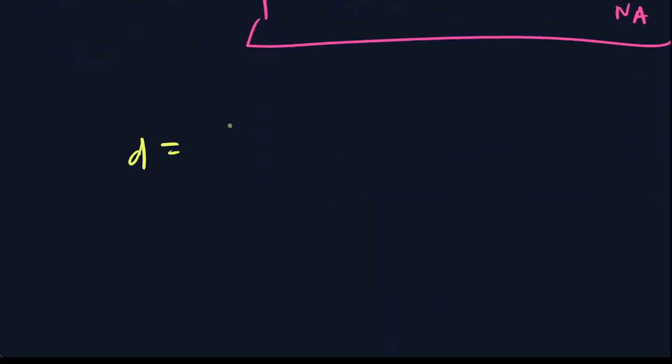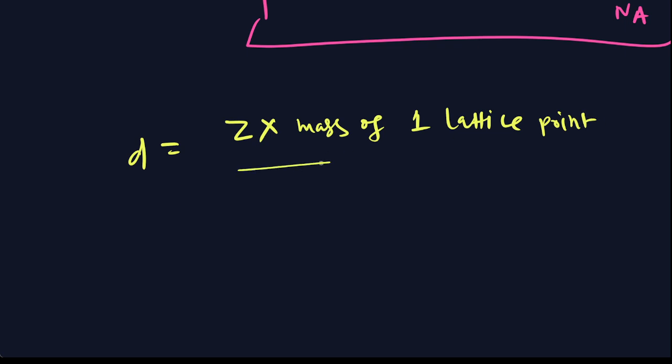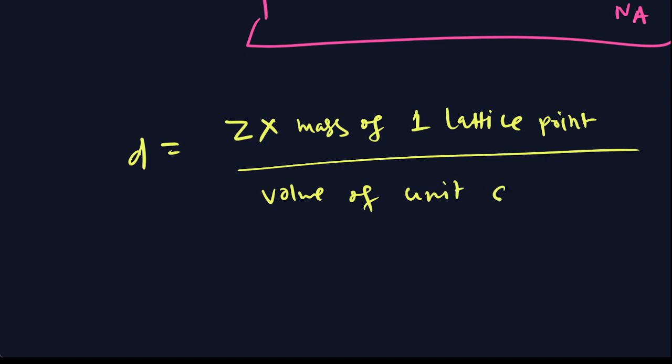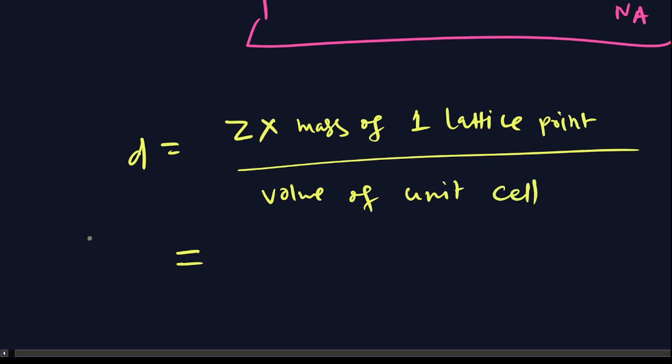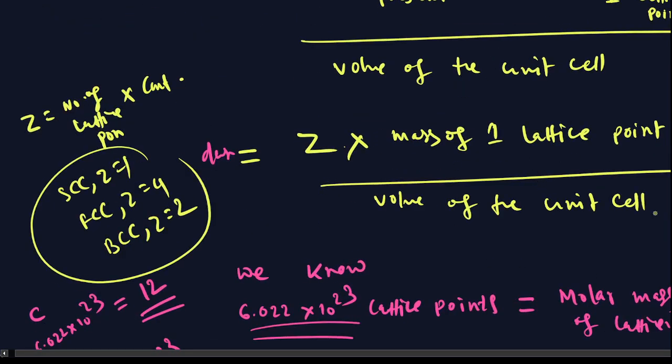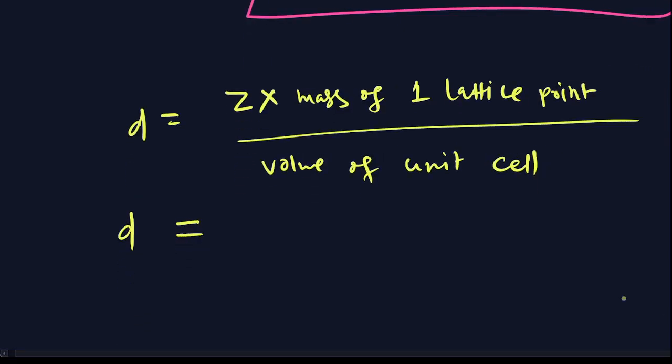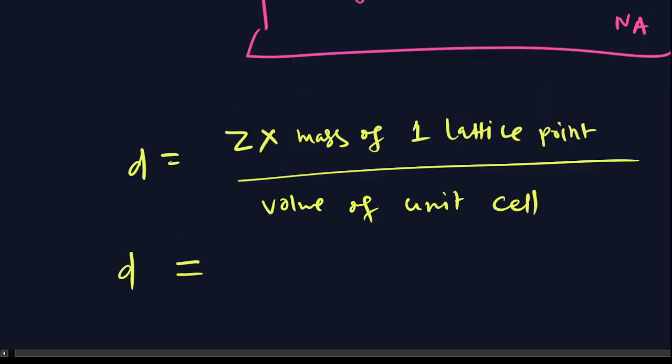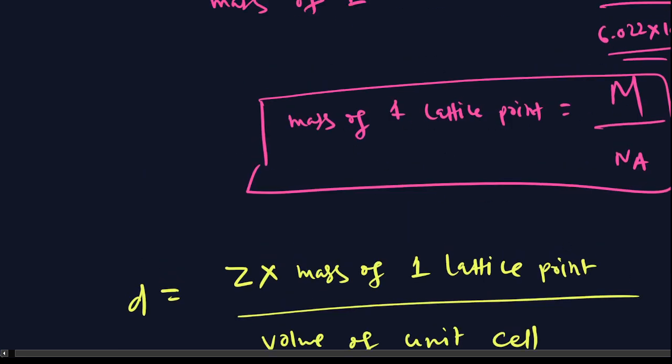What you see here, D is Z into the mass of one lattice point upon the volume of the unit cell. The mass of one lattice point is equal to M upon Na.